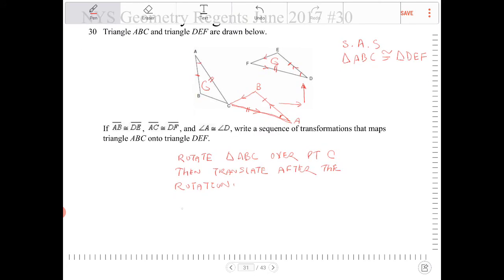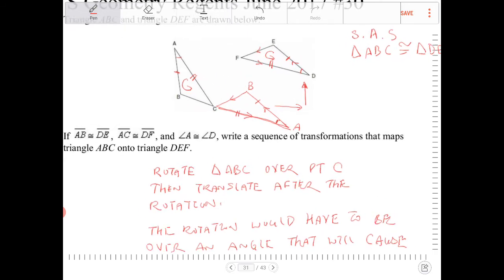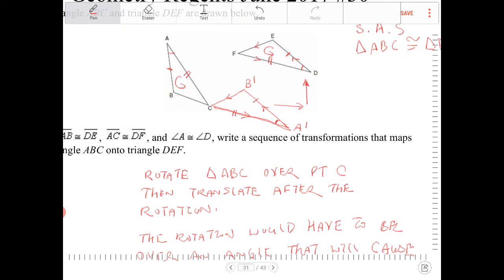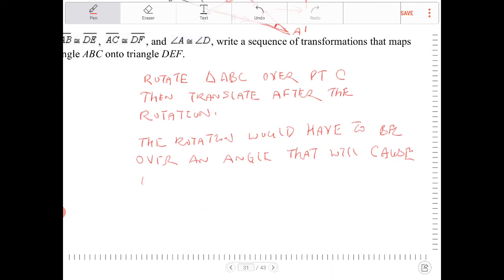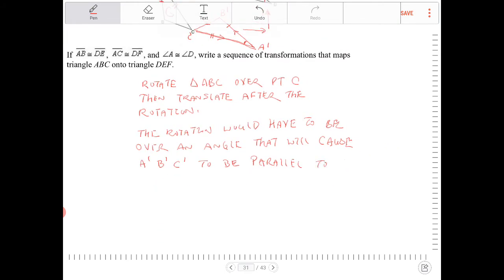So the rotation of ABC would have to be over an angle that will cause, and I'm going to label this as A prime, B prime, C prime, to be parallel to DEF.